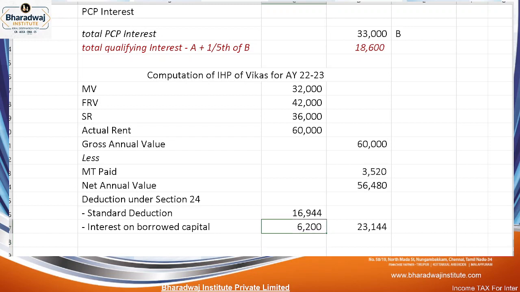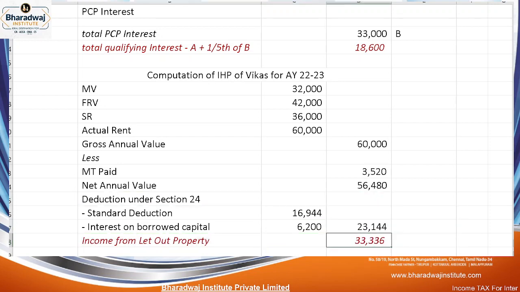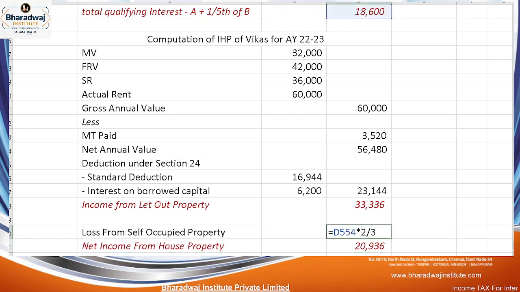Self-occupied portion, NAV is 0. Of course, this is income from the let out portion. Self-occupied portion, NAV is equal to 0. Interest will be 2/3. 2/3 is self-occupied, so 2/3 of interest can be claimed here.